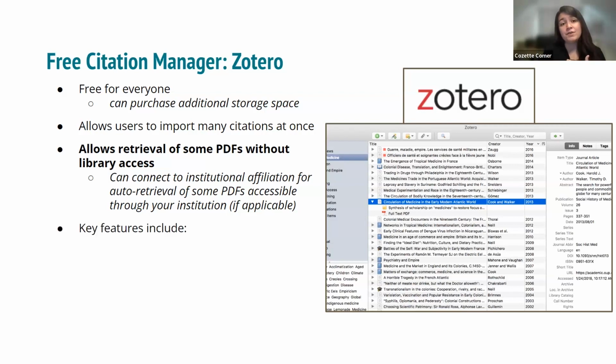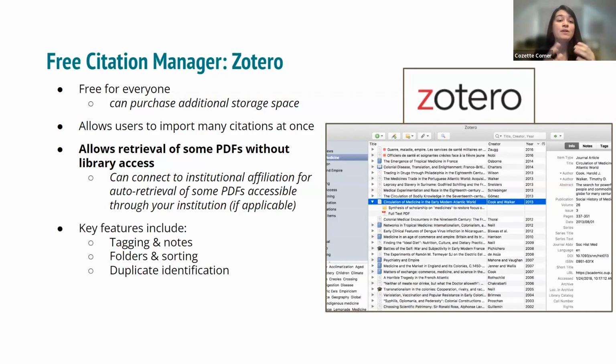Some of the key features for the citation manager include tagging and notes. It also includes sophisticated folder and sorting options. You can automatically identify duplicates and go through them manually here. And one of my favorite features is that it's connected to the website Retraction Watch, and it'll automatically identify retracted papers when you upload them into your citation manager, Zotero.